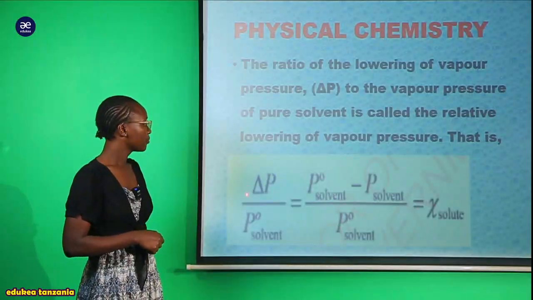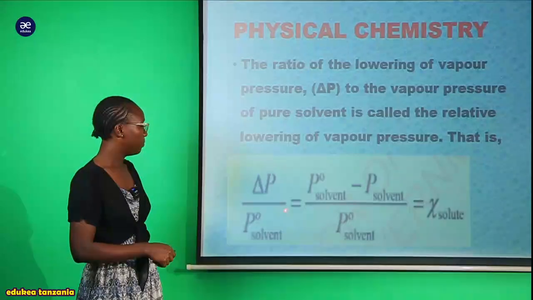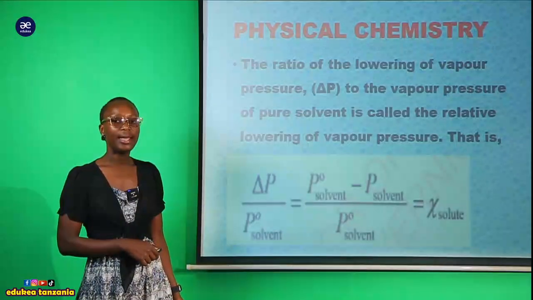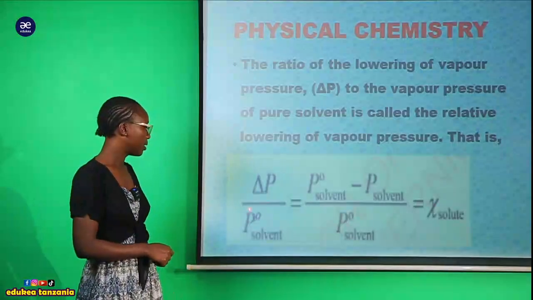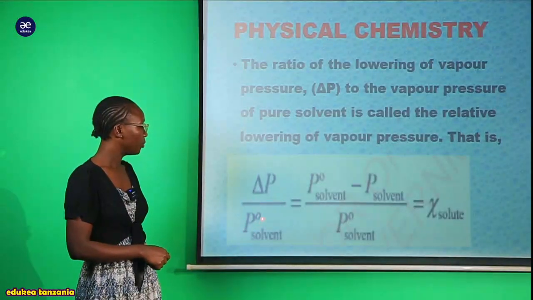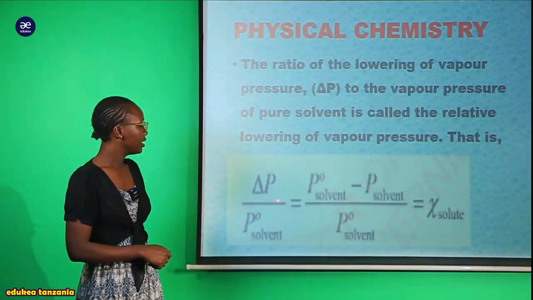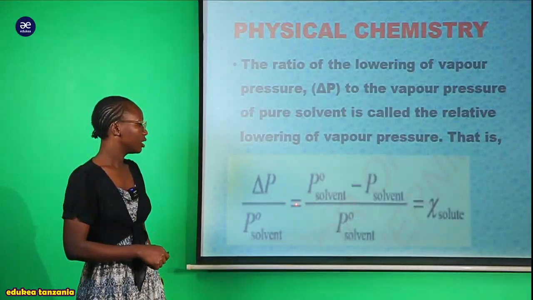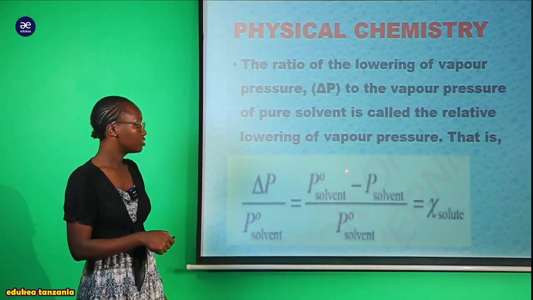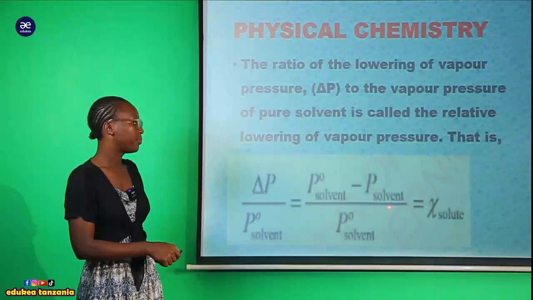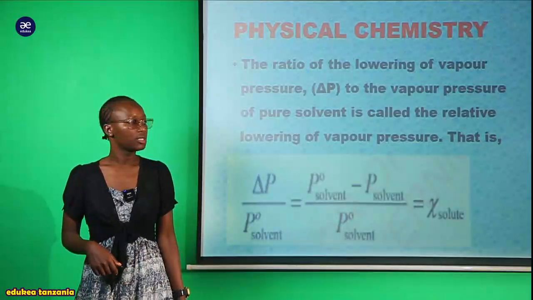So you can see that the lowering in vapor pressure, denoted by change in P, over the vapor pressure of the pure solvent, denoted by capital letter P with the degree sign here. So you can see that this ratio is equal to the pure vapor pressure of the solvent minus the vapor pressure of the solvent, over the pure vapor pressure of the solvent.